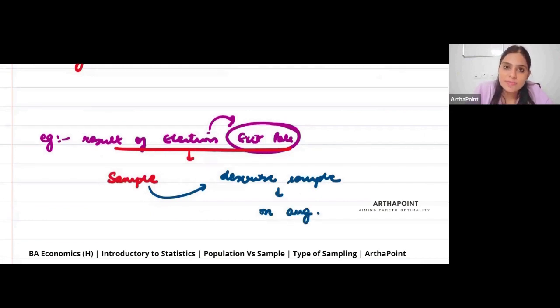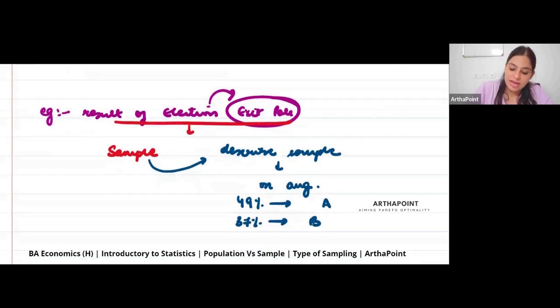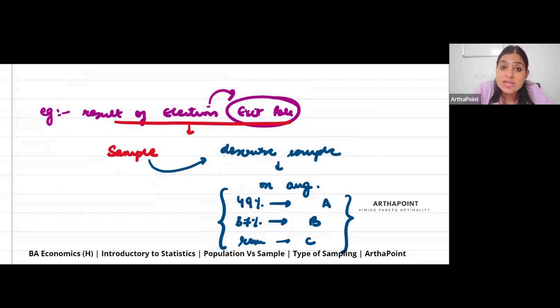I will say, okay, on an average, 49% of the people voted for party A. 37% of the people voted for party B. And the remaining voted for party C. This is the result that I have got. And this I am describing based on the sample. So the sample will help you with the descriptive statistics.